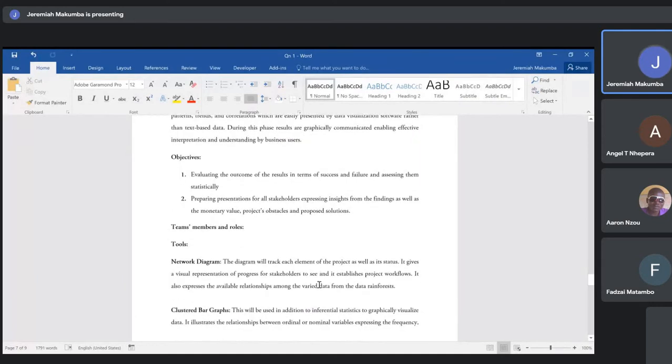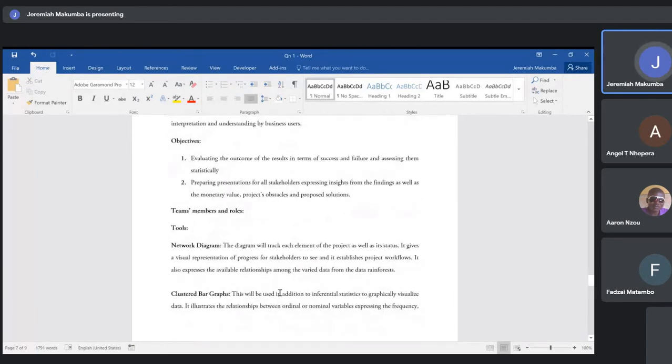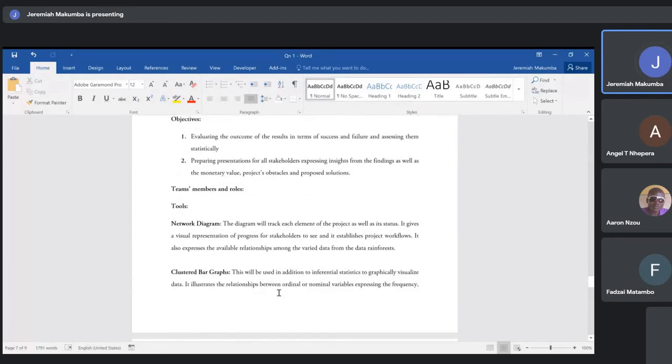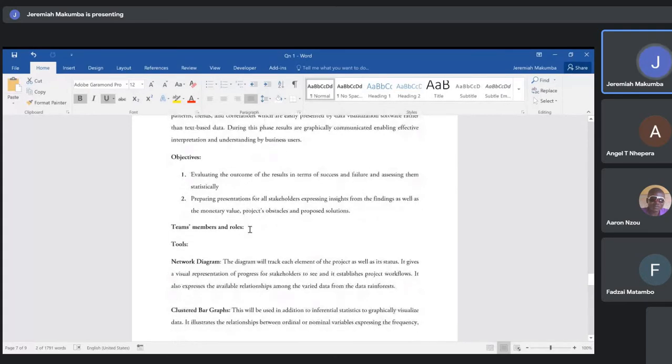On the team members on communication of results, we were having a lot of discussions about this, whereby we were saying who is going to communicate the results. Are they the users or the data analysts or scientists? So, we hope that you are going to assist us also on this one.